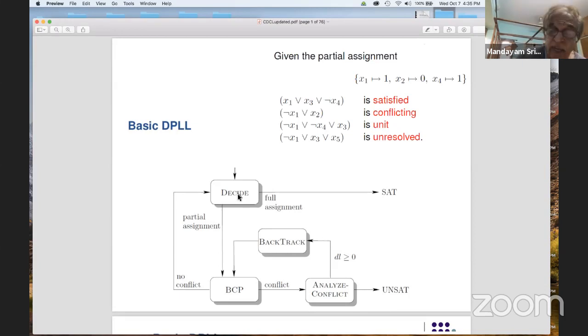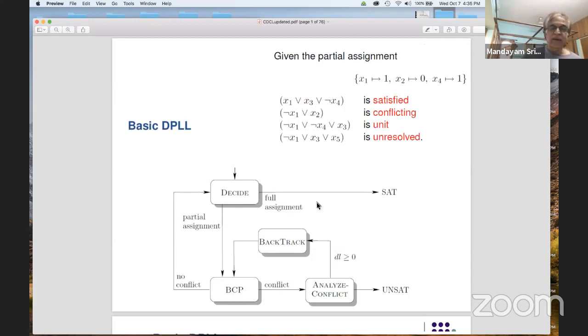Decide here means that you're explicitly choosing a value. This initial arrow here should not be here, so consider that it is here. Because you're starting with the BCP on the original formula, it may get simplified to true or false, in which case you're done.